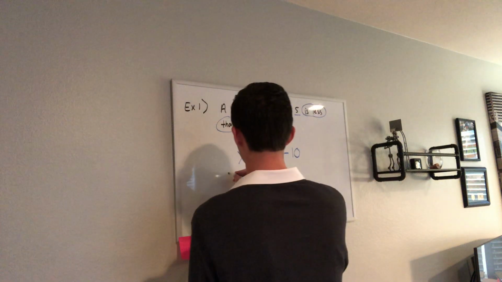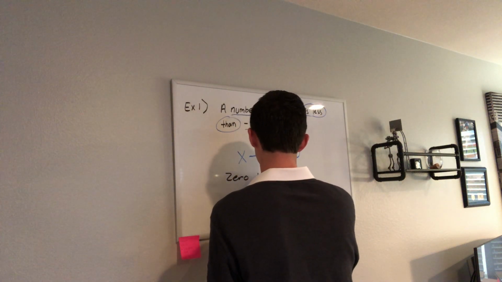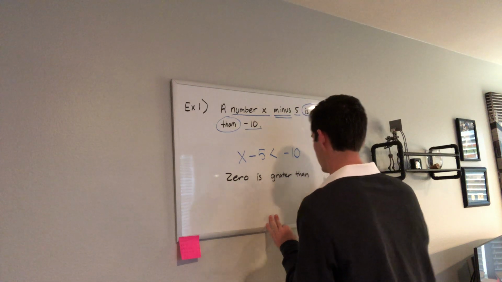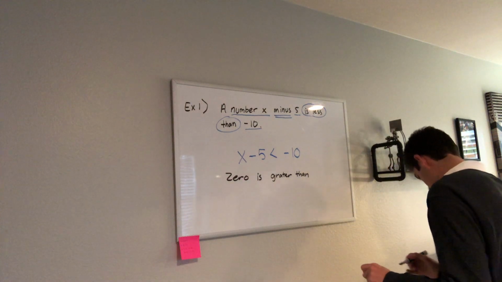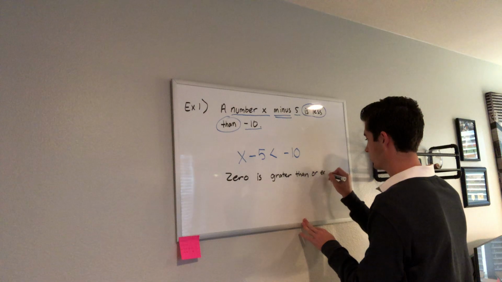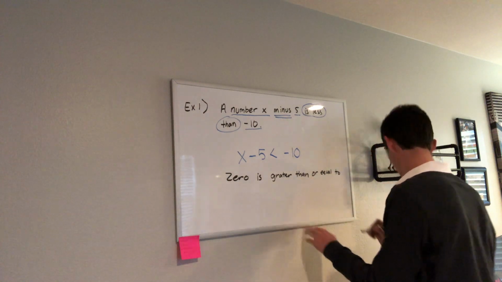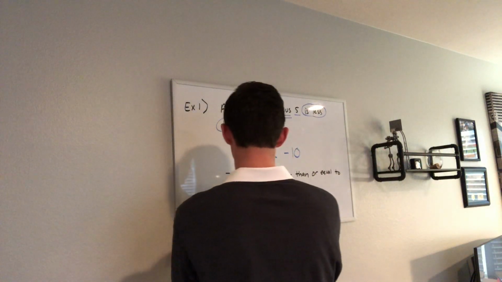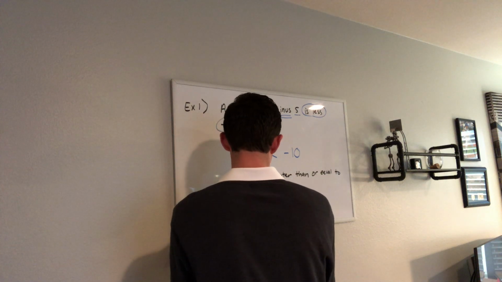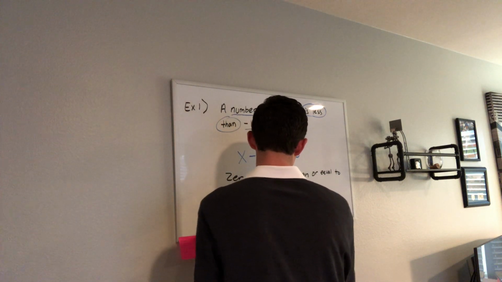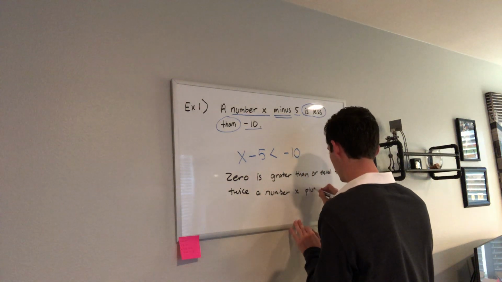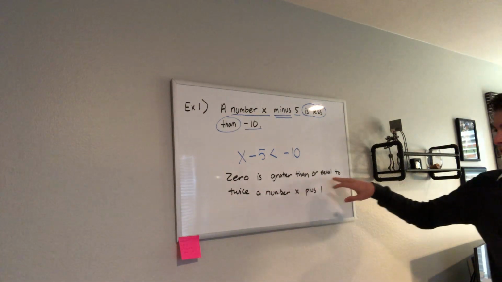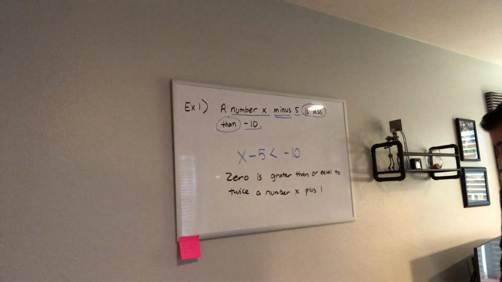Example 2. 0 is greater than or equal to twice a number x plus 1.